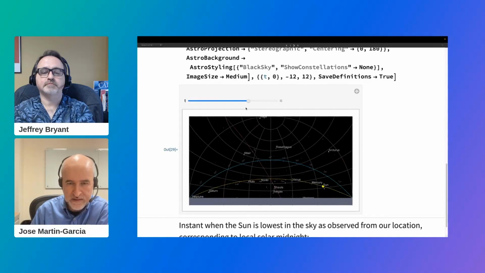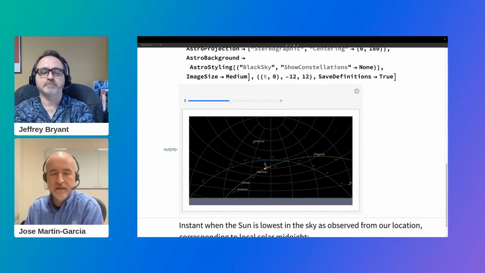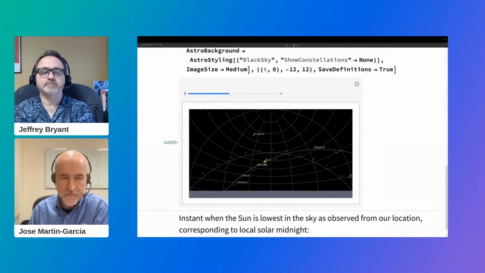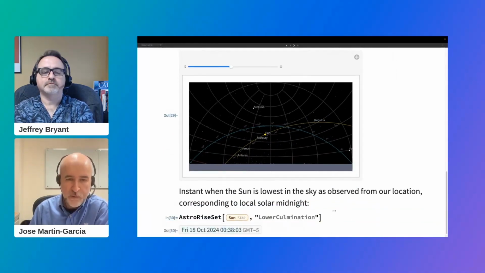Notice how it travels parallel to the equator. And it's below the equator because we are after the autumn equinox. Right? So we can also compute lower culmination, which is solar midnight, also 38 minutes after civil midnight.